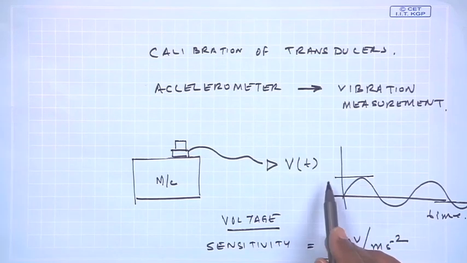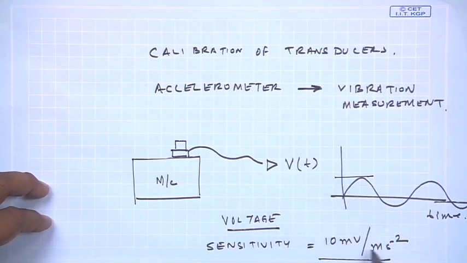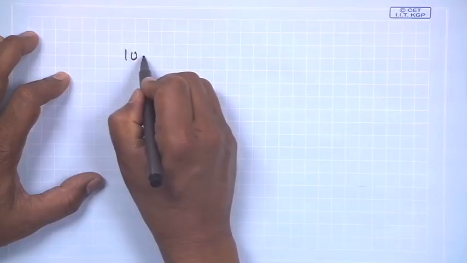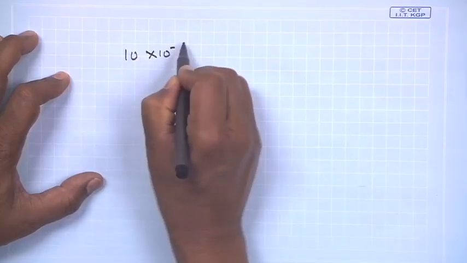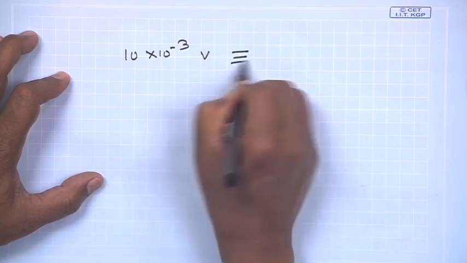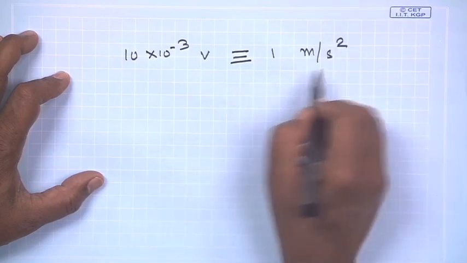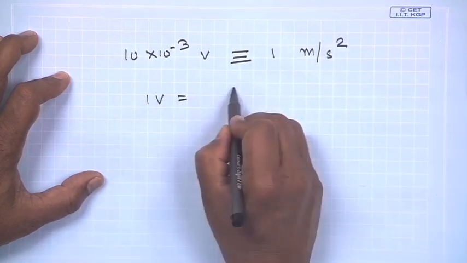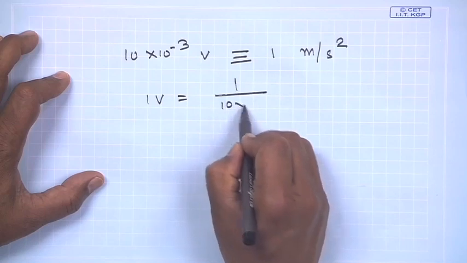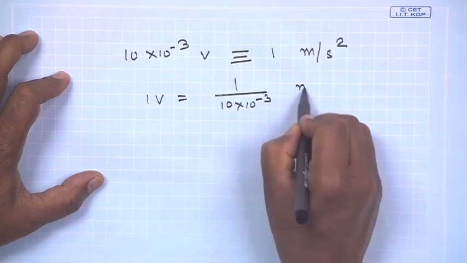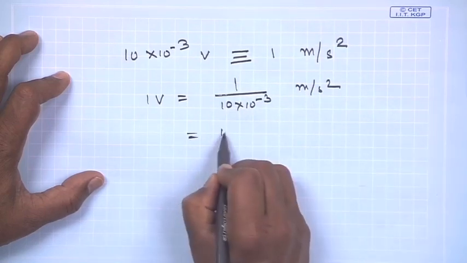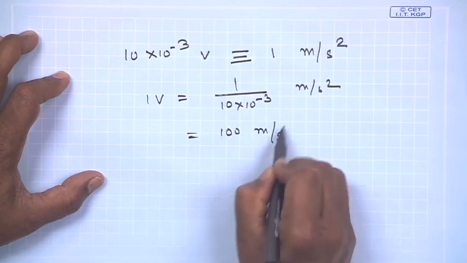So, whatever voltage I get, I know that 10 millivolt, or 10 to the power minus 3 volt, corresponds to 1 meters per second square. So, 1 volt corresponds to 100 meters per second square.